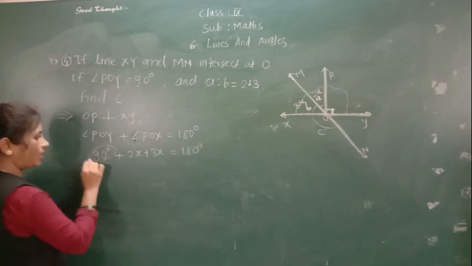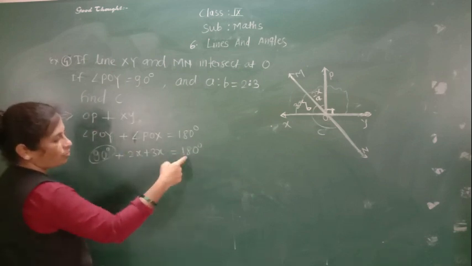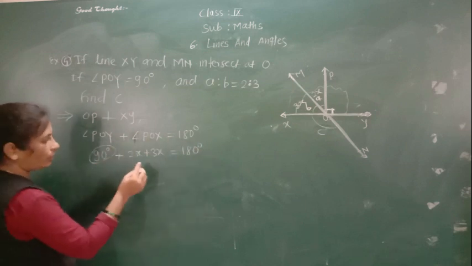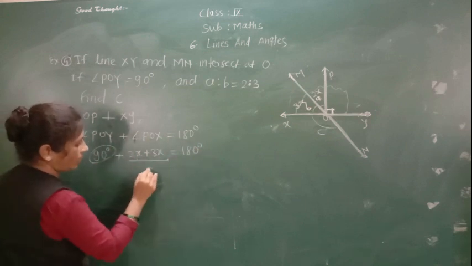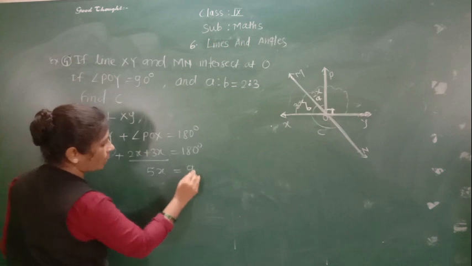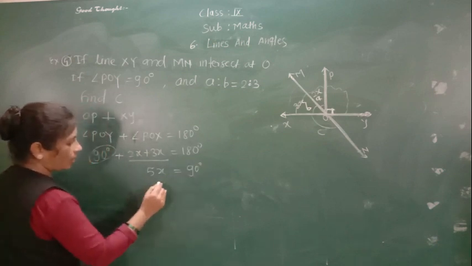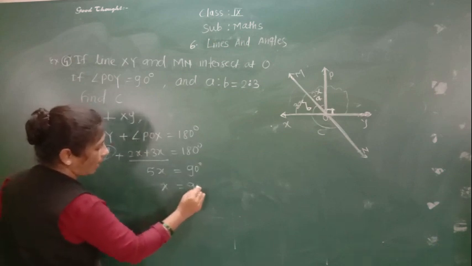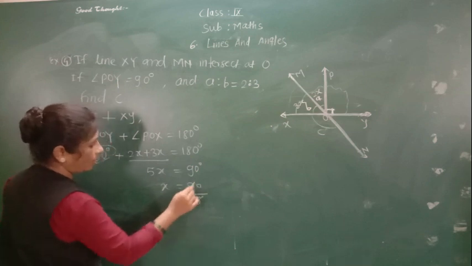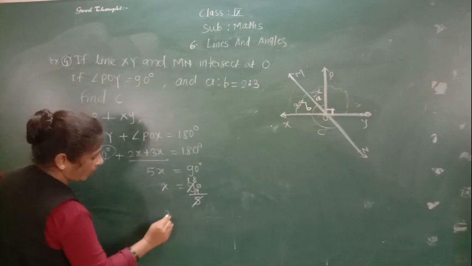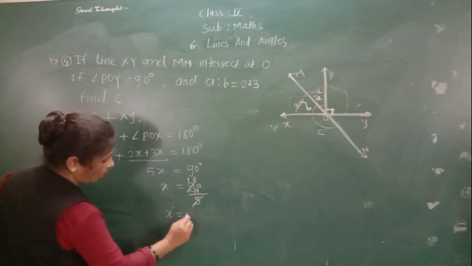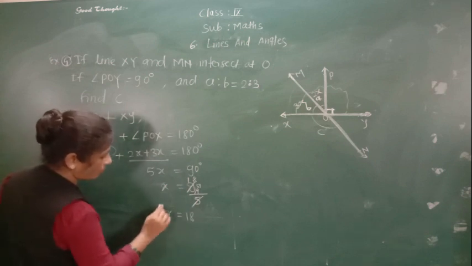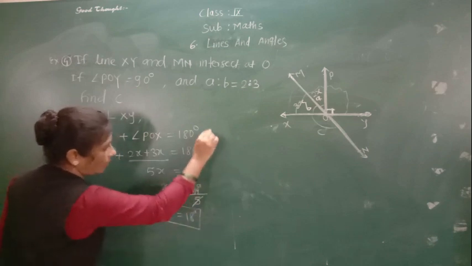If you shift this 90 to the right side, you get 180 minus 90, and 2x plus 3x is 5x equals 90. So x equals 90 divided by 5. 5 ones are 5, 4, 5 8s are 40. So you get x equals 18 degrees.